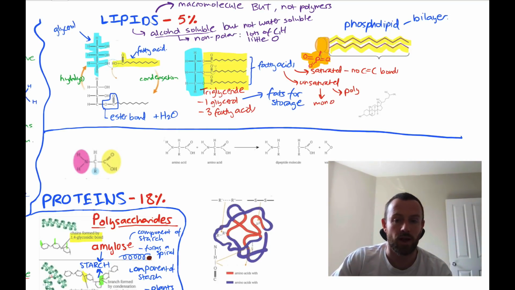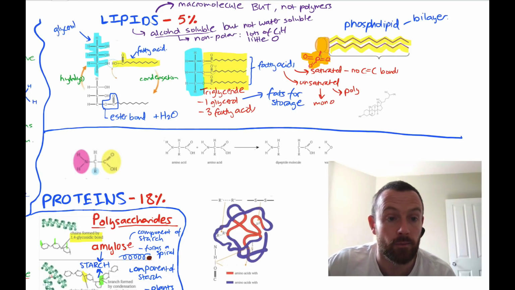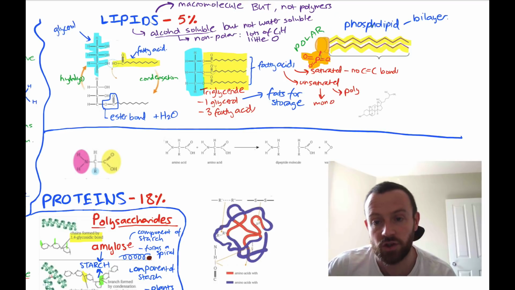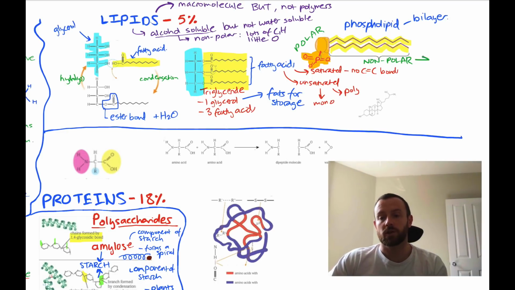So let's label that again. We've got a polar region and a non-polar region. The non-polar region is hydrophobic, and the polar region over here is hydrophilic. So I'll just add that over here.